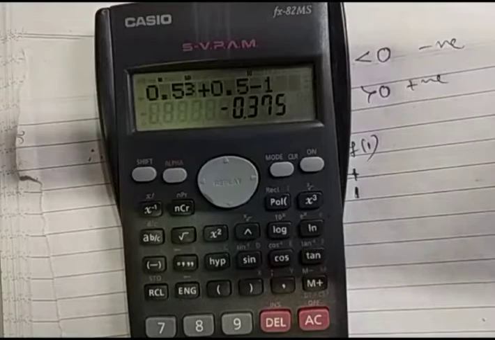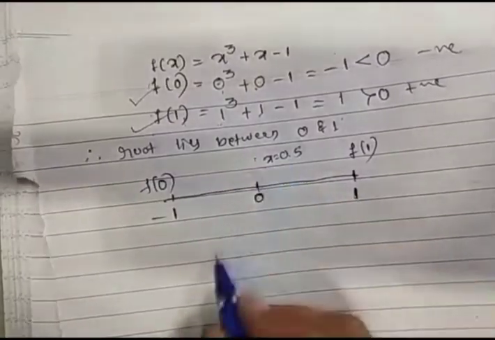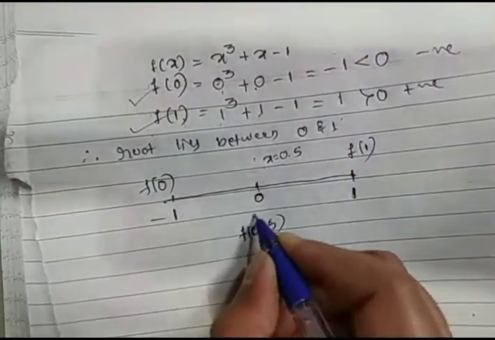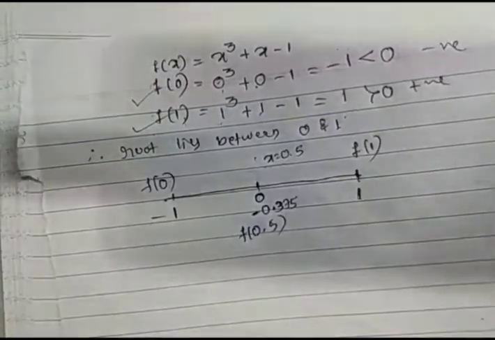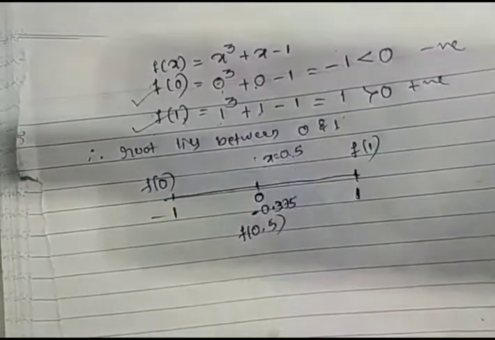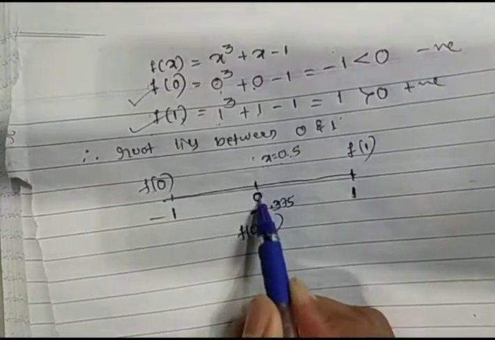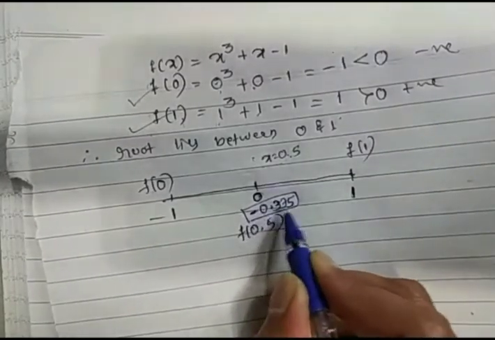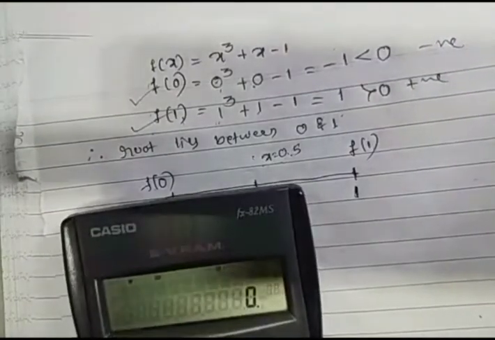This gives us minus 0.375. So f(0.5) is giving us minus 0.375. Now comparing 0, 1 and 0.5, which one is near to 0? We can observe that this particular value, minus 0.375, is near to 0. If I replace x as 0.6, then what can we observe?